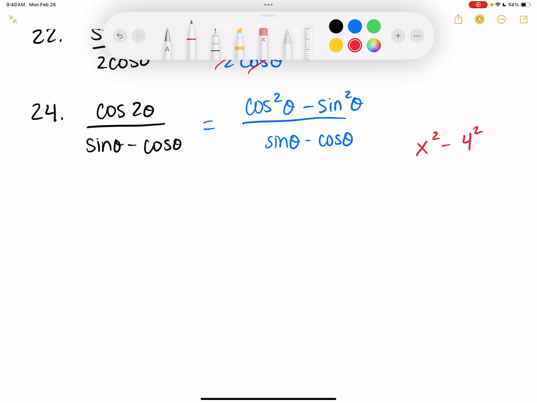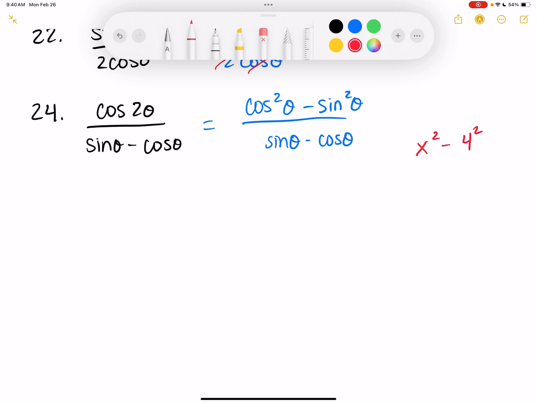It's a special type. Do you take the square out of it? It'd be like x plus x. Does difference of squares ring a bell?